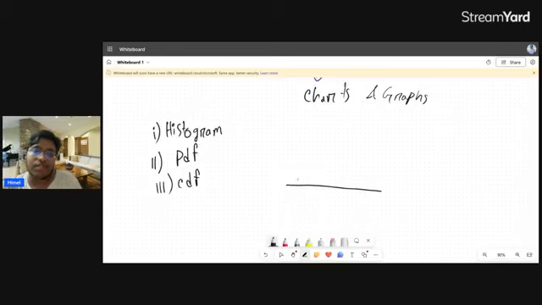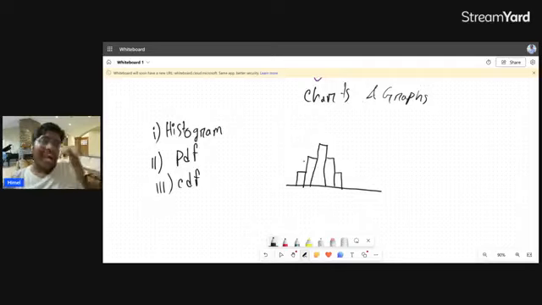Here, let's say there's one bar, and there are other lines going to the side. Sorry for that. Let's say this is a histogram, right?